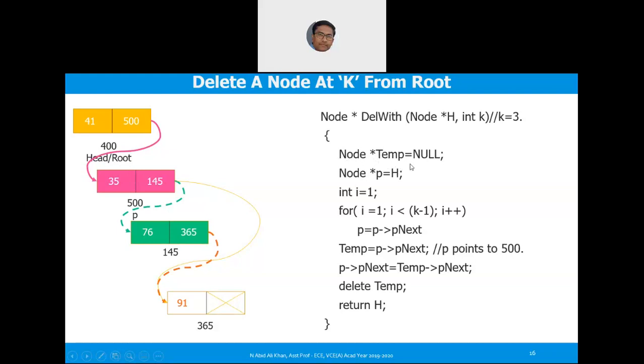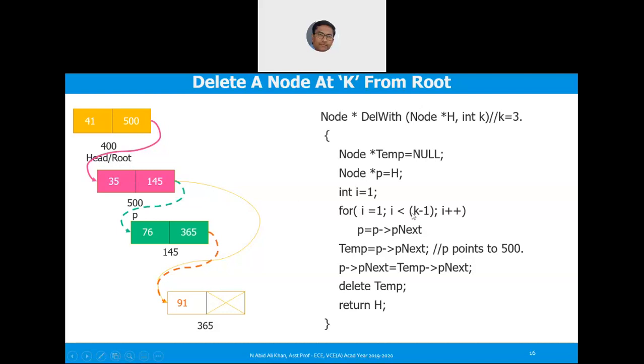You are using temp in order to delete a node. You are using P in order to traverse the list. Always P starts from head. Okay. Then, delete a node at K. That means the third node. So already i has to be 1 because you are already passing the head node.